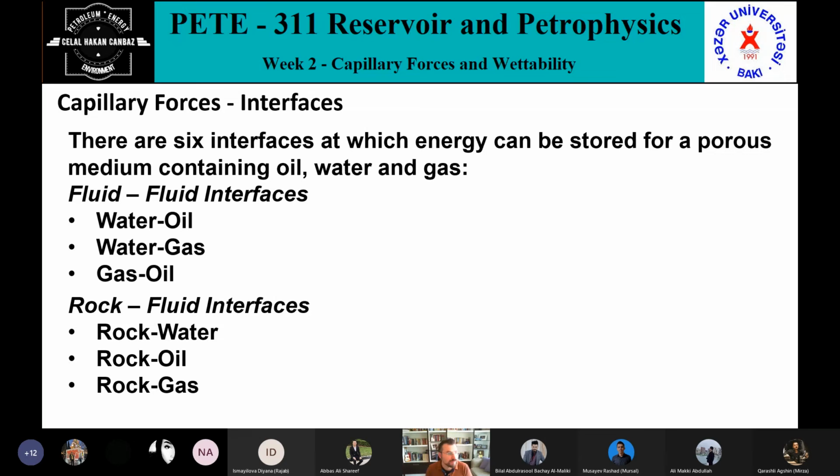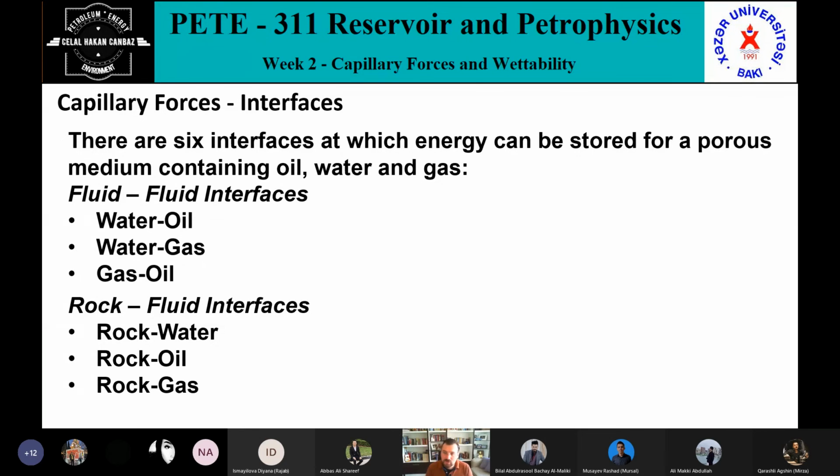Okay, so this is very crucial. So we said water-oil, water-gas, gas-oil interfaces for fluid interactions, and rock-water, rock-oil, and rock-gas phase interfaces for rock-fluid interaction. These are the interfaces we are dealing with.